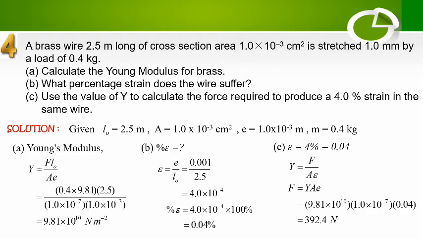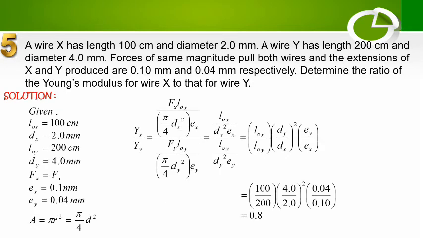So, for the solution, 4% strain is equal to 0.04. From the Young modulus equation, we rearrange because we want to calculate the force. We substitute the value and we get that the force required to produce 4% strain is equal to 392.4 Newton.